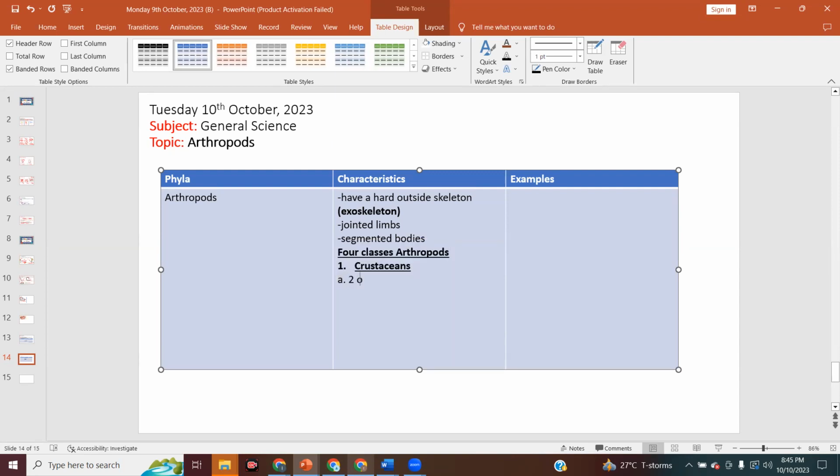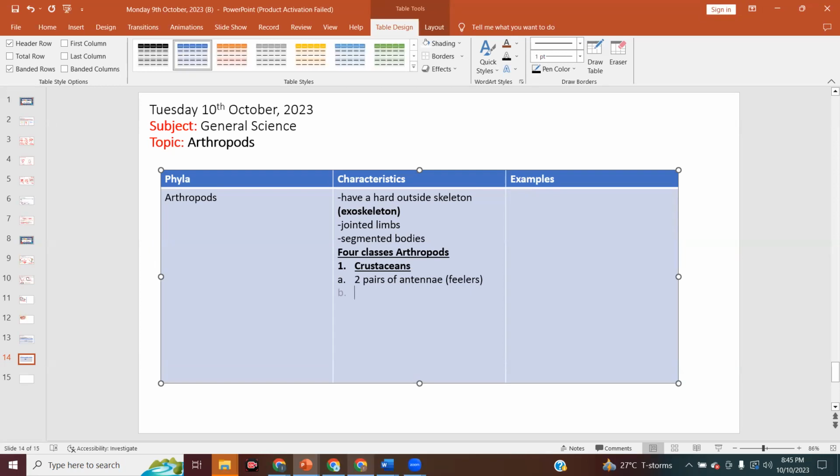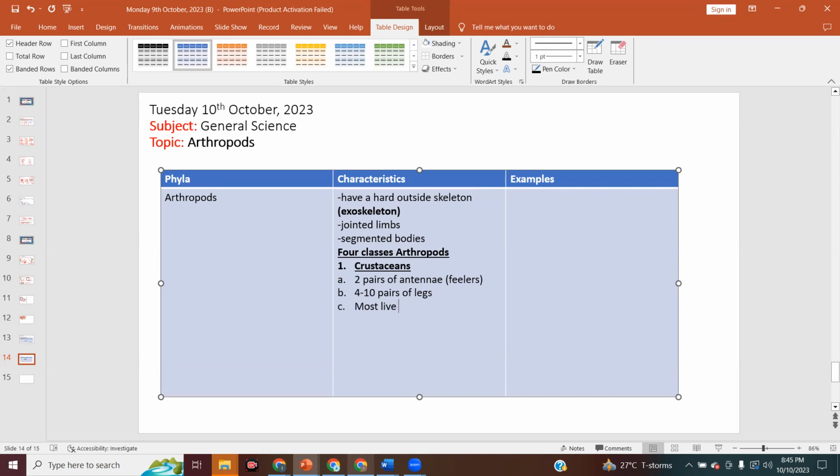So crustaceans have 2 pairs of antennas, which we call feelers sometimes. They also have 4 to 10 pairs of legs. And most of them live in the water.